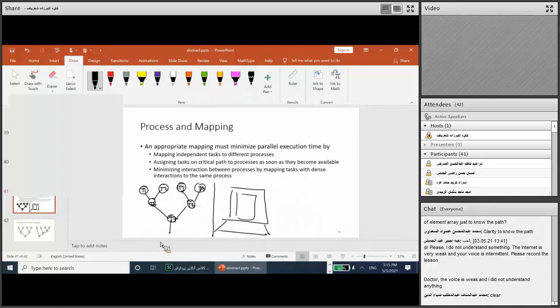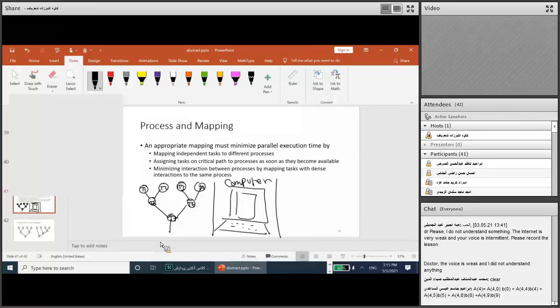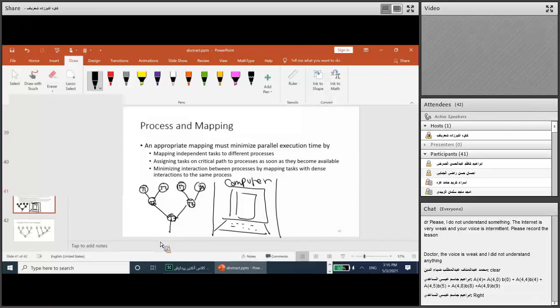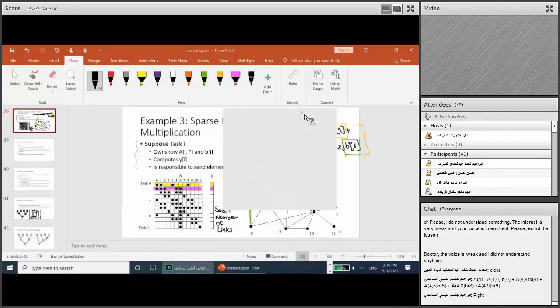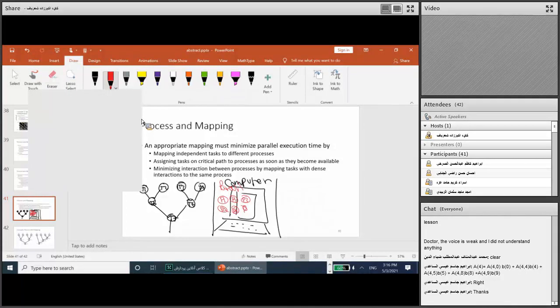And this is a computer. This computer is parallel, meaning it has several processors.